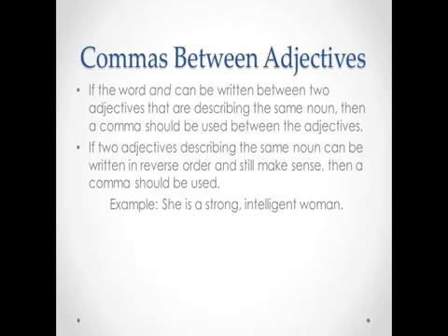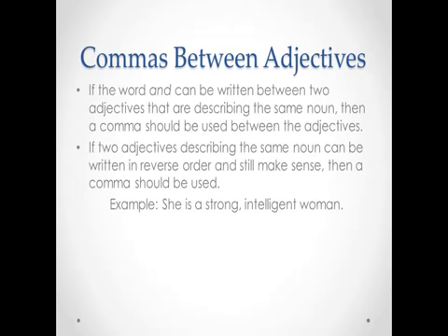Strong and intelligent are adjectives used to describe the woman. So you have to look at those 2 adjectives and decide, can you put an "and" between them? Would it still make sense?